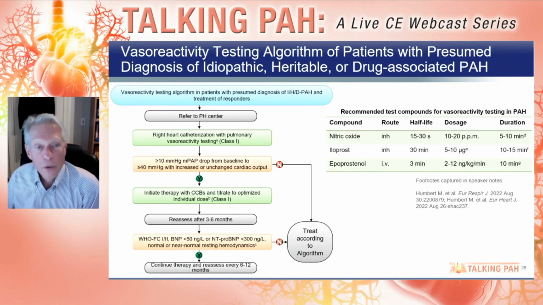For vasoreactivity testing, most places now use nitric oxide because it's very easy, very short acting, and has really no side effects. Other places may use inhaled iloprost, especially in Europe, and in the US, there are some places that will use inhaled epoprostenol, as well as IV epoprostenol, but that gets a lot more complicated.